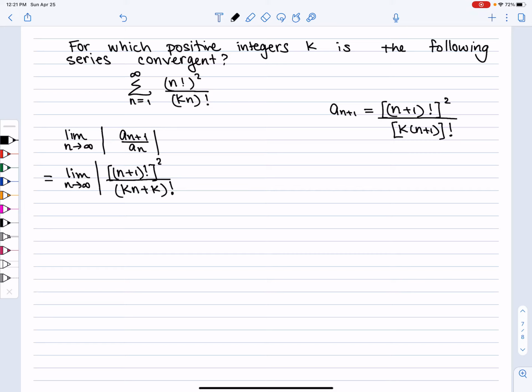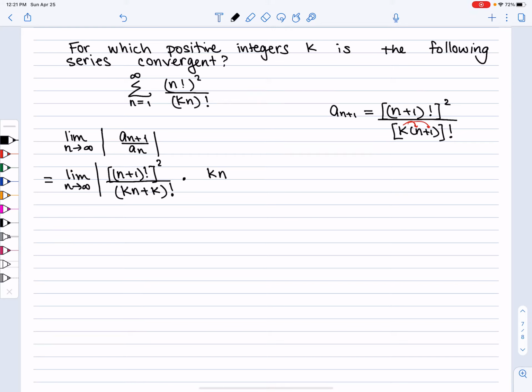So all that I did there is I distributed the k, and then we are going to take the factorial. And then we're going to say times, we have divided by a fraction, but that division is multiplication of the reciprocal. So I'm going to put kn factorial over n factorial to the second power.